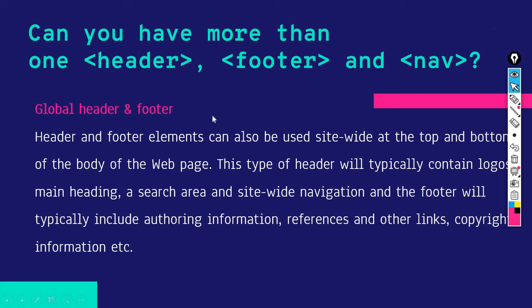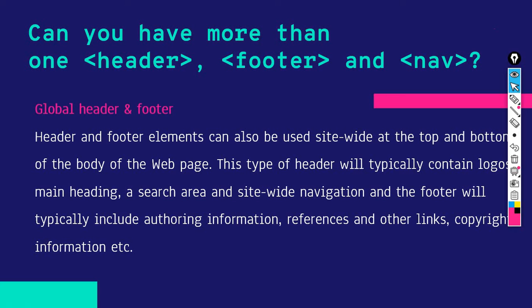For the global header and footer, header and footer elements can also be used site-wide at the top and bottom of the body of the page. This type of header will typically contain logos, a main heading, a search area, and site-wide navigation.